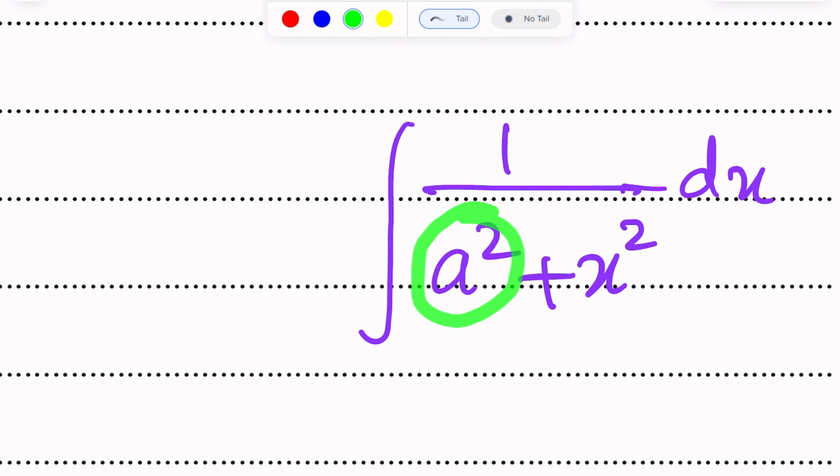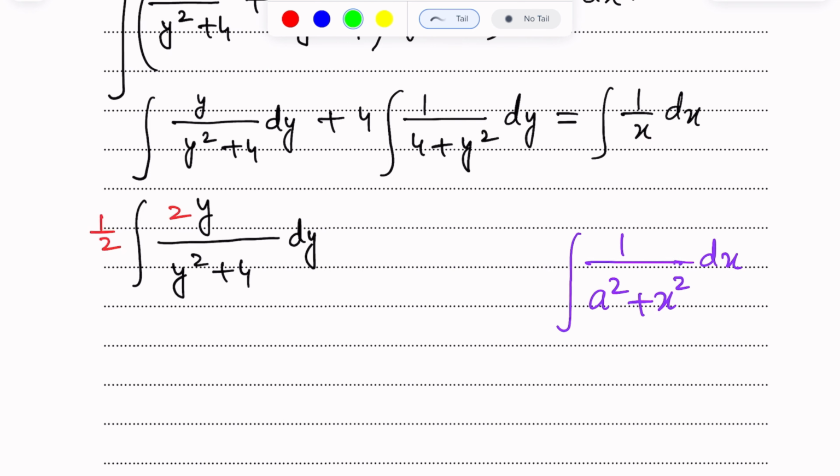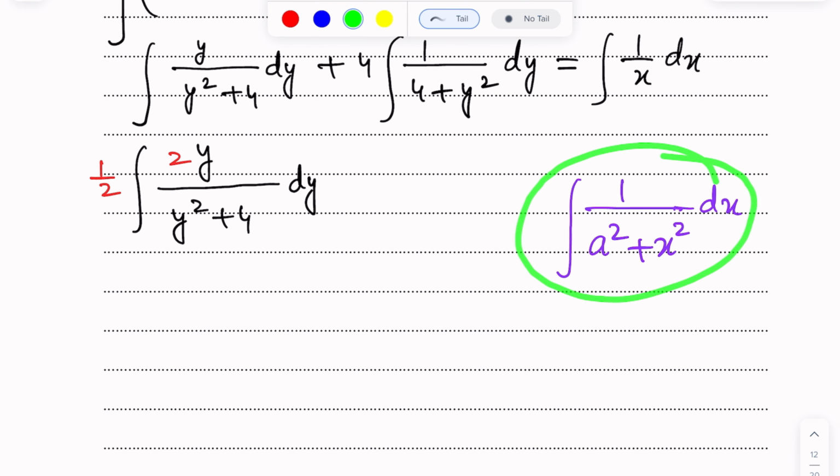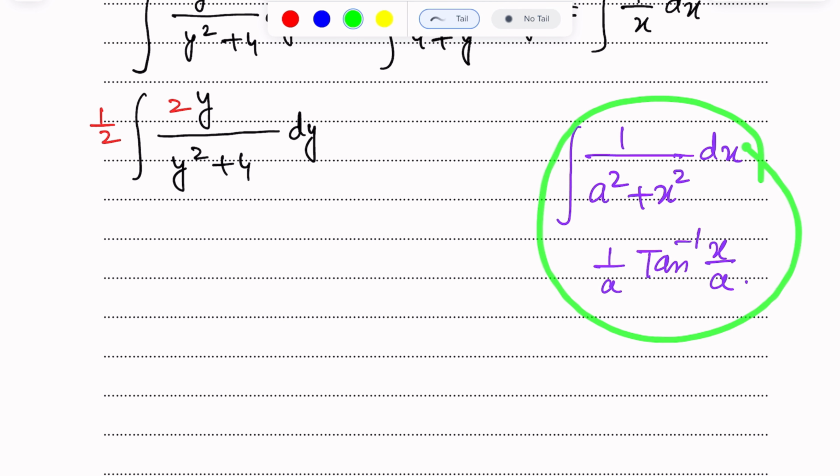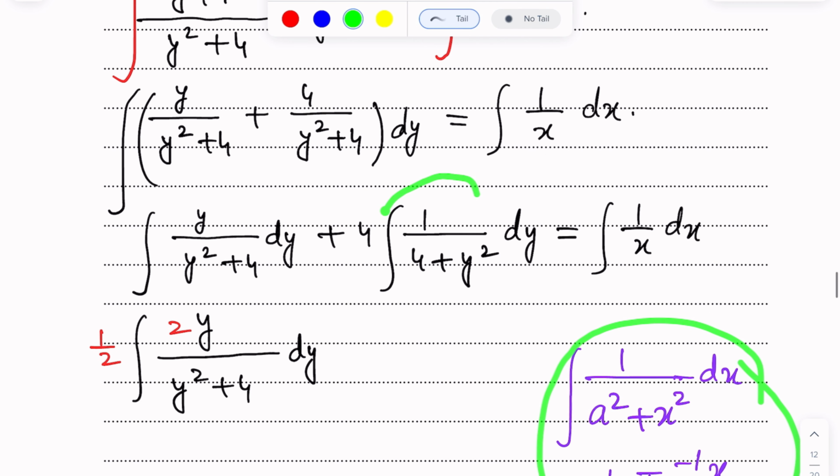One term is a constant, the other involves a variable. So integration of this type of fraction will be 1 over a tan inverse x over a. This formula will be used in this integral.